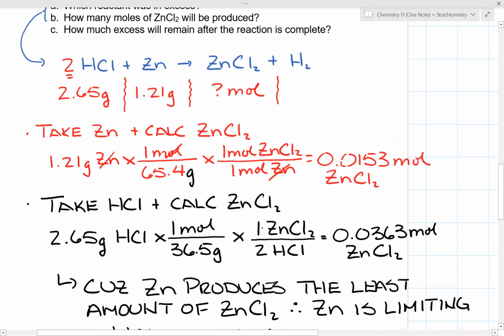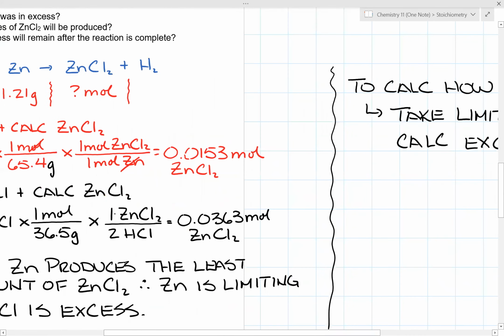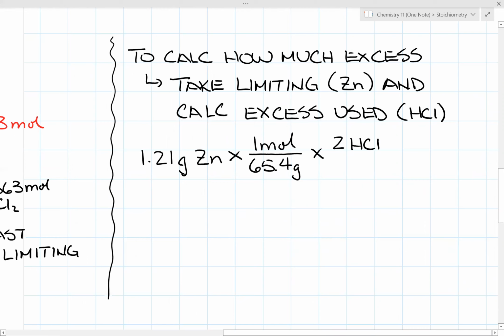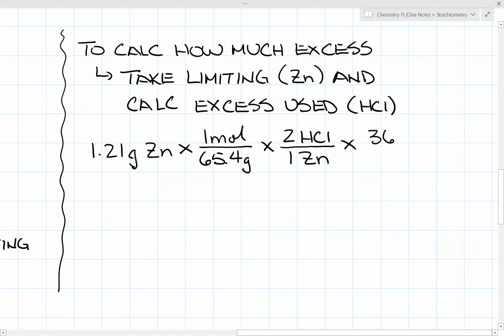I start off with my zinc again because that's my limiting reactant. I take the 1.21 grams of zinc and change it into moles, so 1 mole over 65.4 grams, times my mole ratio, which is 2 HCl over 1 zinc, times my molar mass of HCl, which is 36.5 grams of HCl over 1 mole.